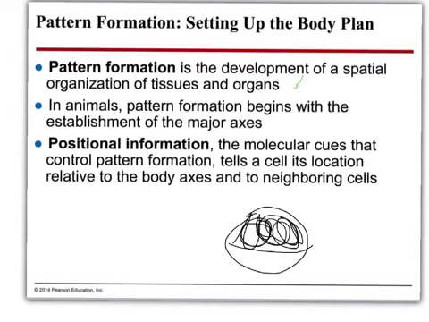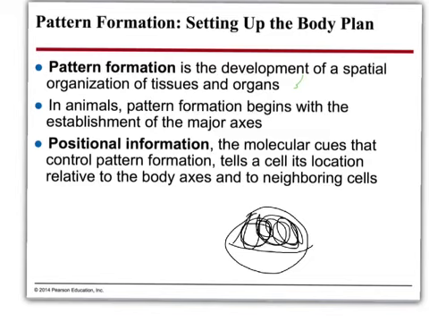No front, no back, at least from its general shape. No front, no back, no top, no bottom, and it's floating around in space, can't determine what's what. So there's elements within the egg itself that will help determine front, back, top, bottom, left, right. This is pattern formation, and then this leads to what we call axis determination.